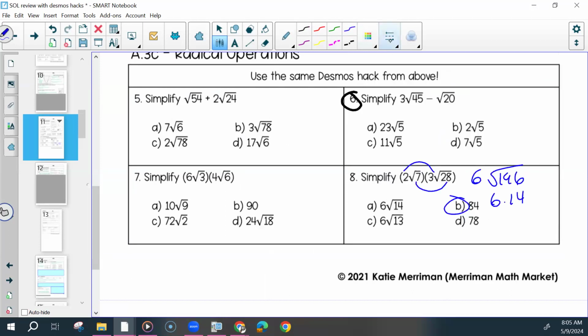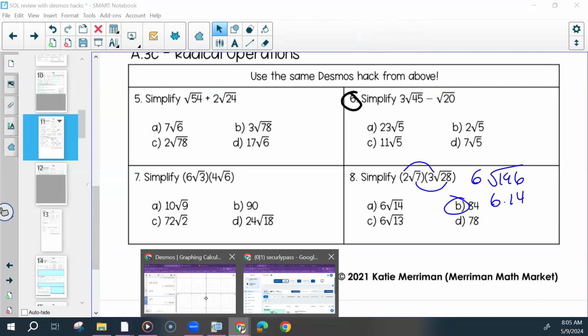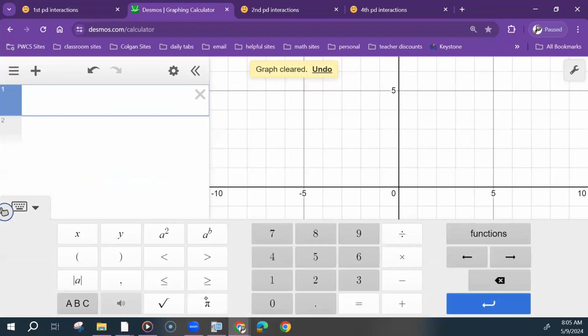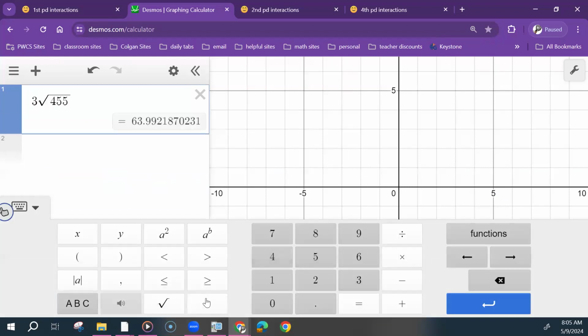So I'm gonna type this into Desmos. So 3 times the square root of 45, and then outside of that minus the square root of 20. I get some decimal. And then I'm just gonna start putting in the answer choices to see which one matches.